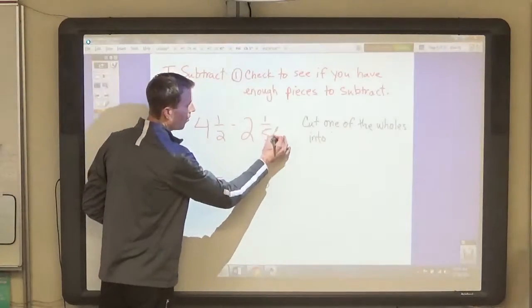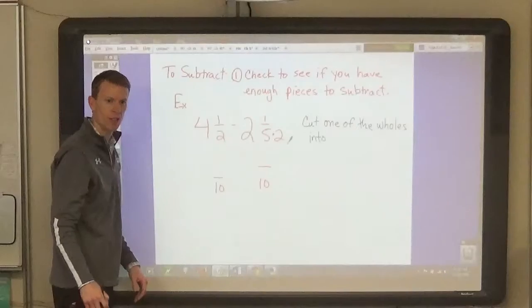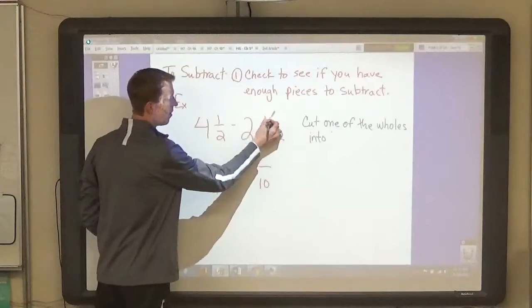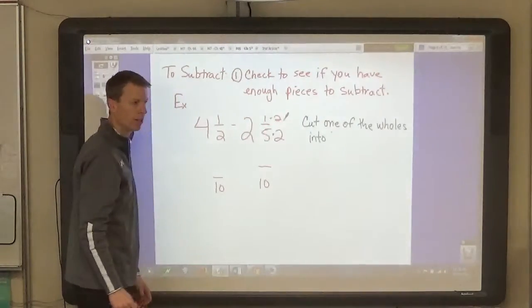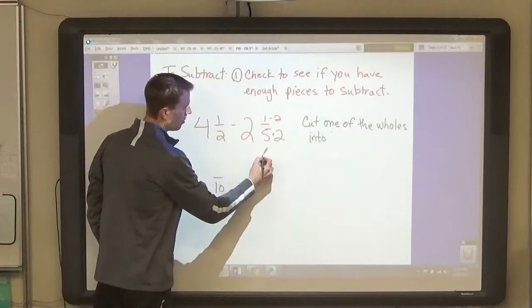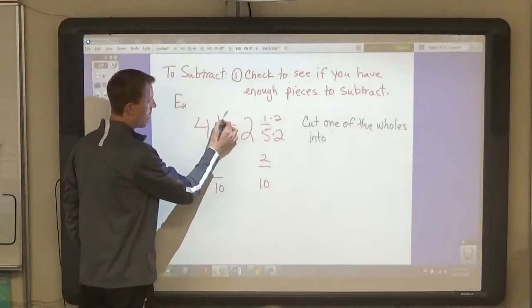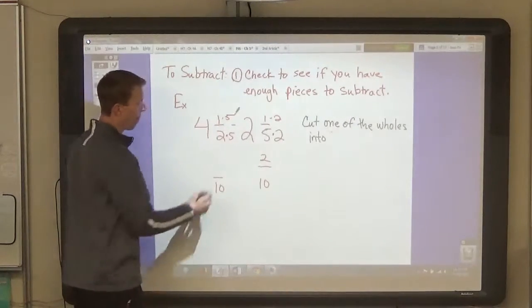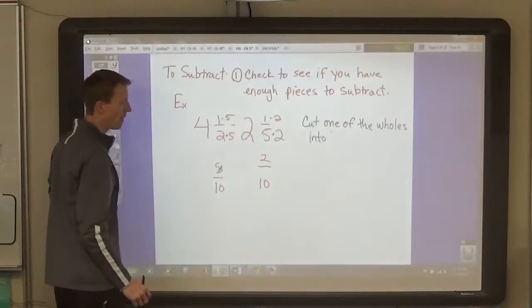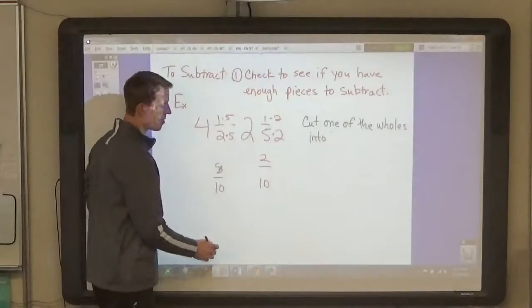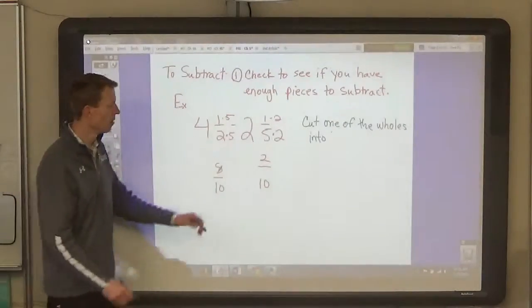So, we would use 2. 5 times 2 equals 10. So multiply both numbers by 2. And multiply both numbers by 5. So we have 5/10 and 2/10.